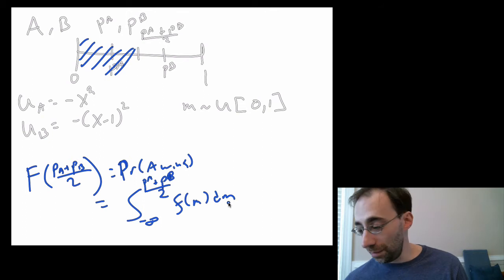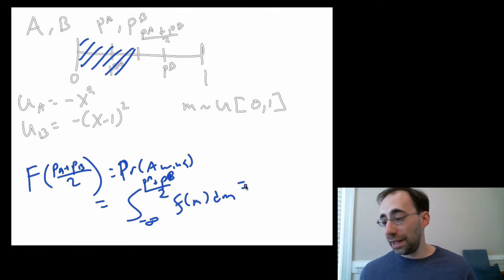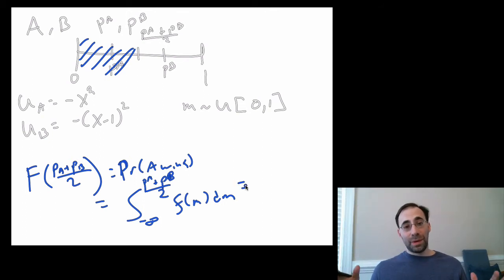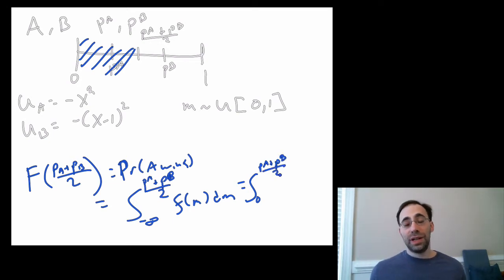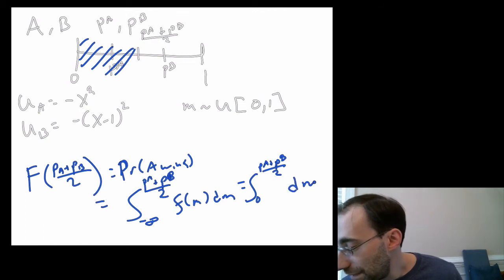It's 0 outside of the support 0 to 1, so it's going to be from 0 to the midpoint. And the distribution is 1 over b minus a, right? That's what f is between 0 and 1. But b is 1 and a is 0, so b minus a is 1, so it's 1 over 1, just 1. So it can't get any easier.